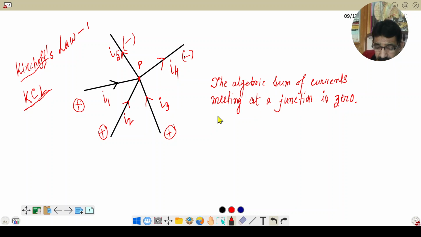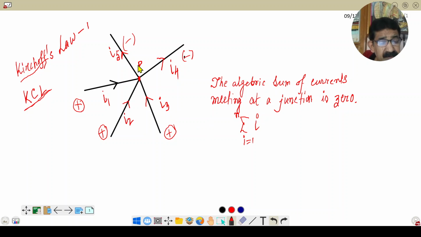Now, mathematics gives the summation of I, for I equal to 1 to n. If there are n conductors meeting at a single point P, then I will vary from 1 to n.